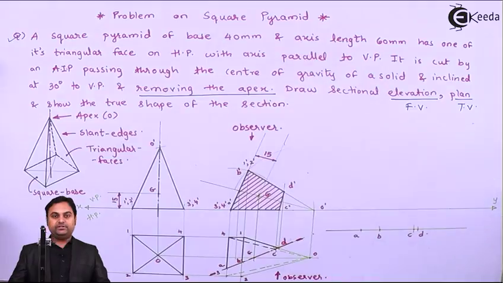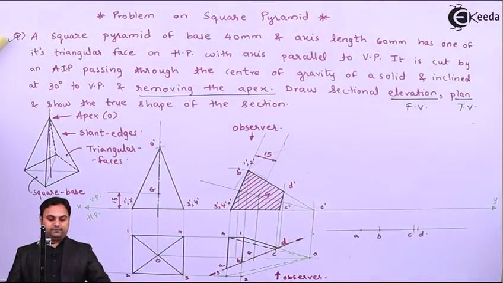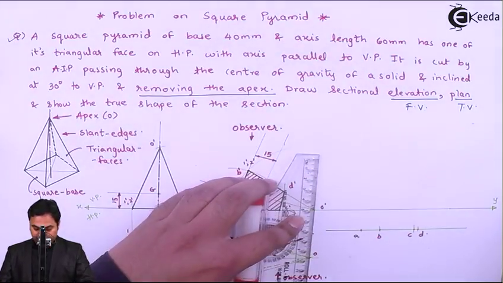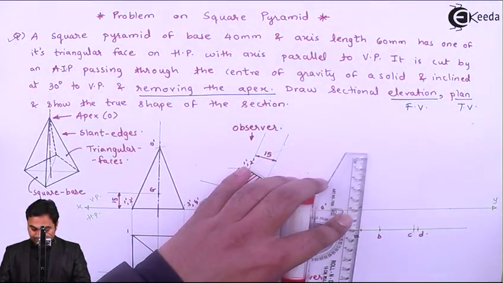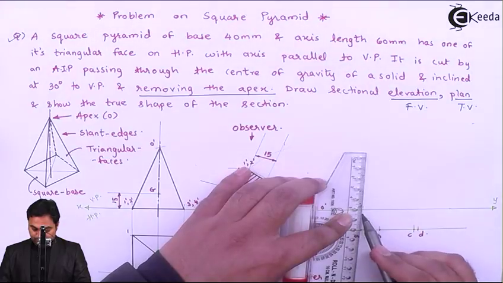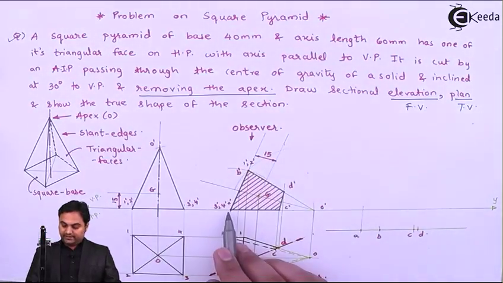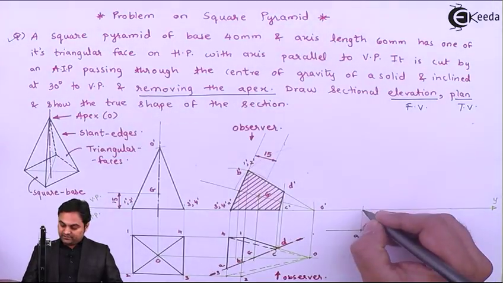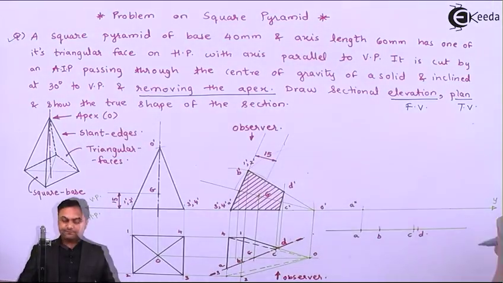So starting with point A. Point A will be projected vertically up, where A and A dash is on the XY line. Their intersection will give us the point A double dash.